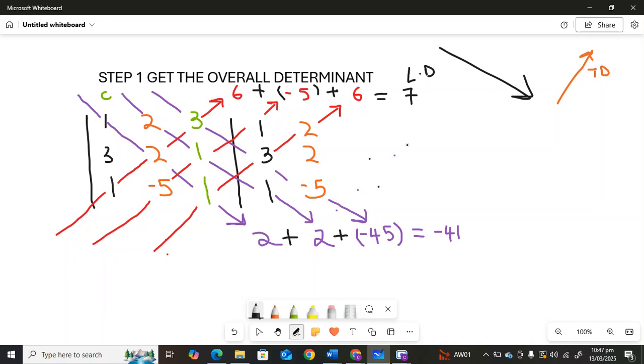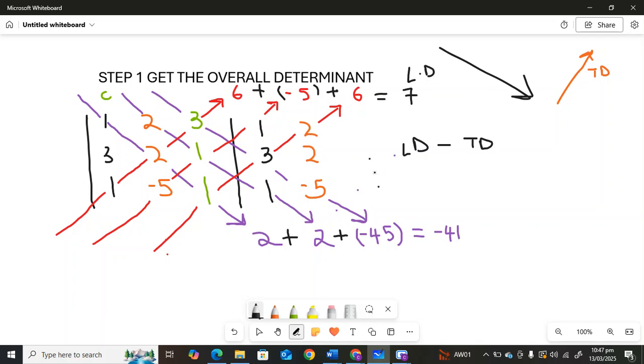So remember, once you've done this part, before I go further, any questions? Okay, so remember, it's leading diagonal minus trailing diagonal.